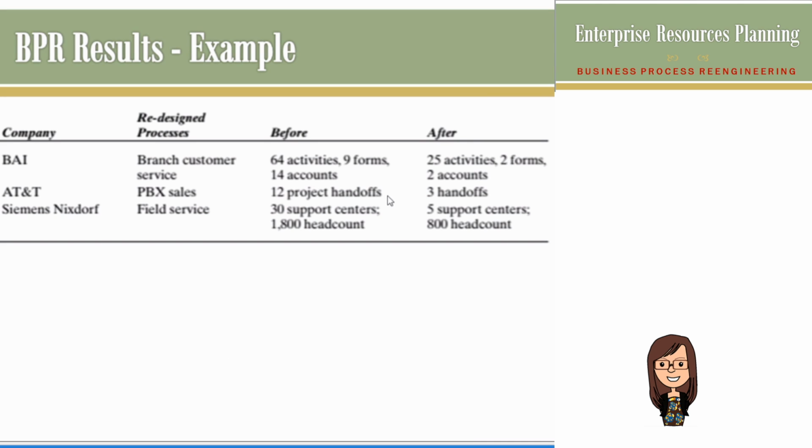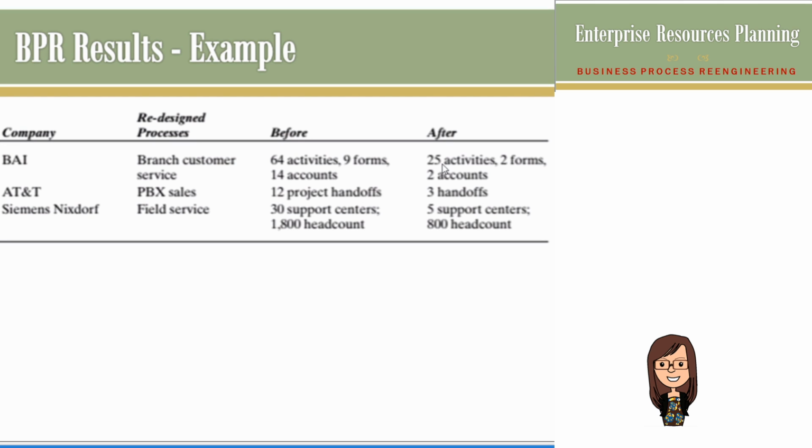This is another example of when they did BPR. For the company BAI, previously they had 64 activities. Can you imagine? 64 processes, and now they only have 25 activities. It means they cut down almost 35%.